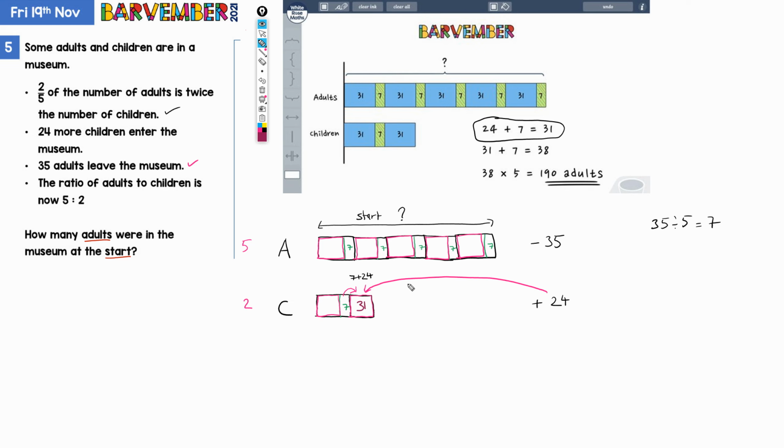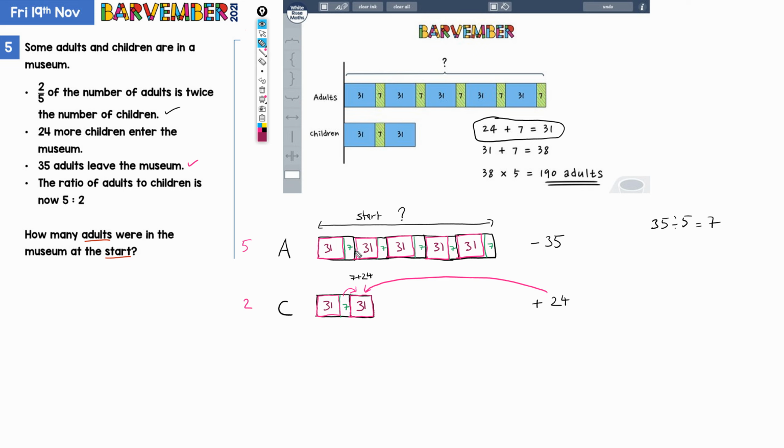And that's bingo in terms of bar modeling, because we now have a value for one of our units, our equal parts. So here we go, 31. Everything then, all of these have a value of 31. Okay, and that's what they have here.